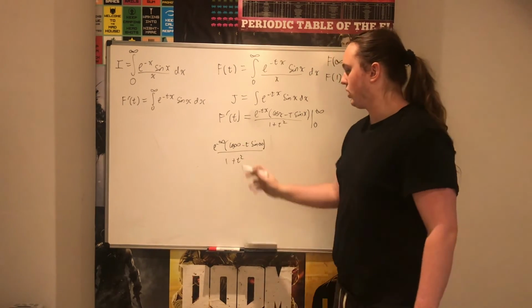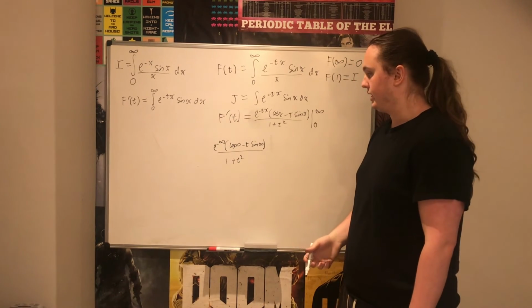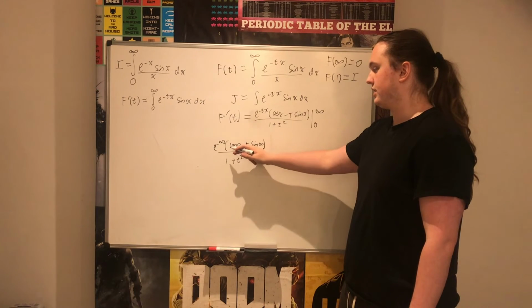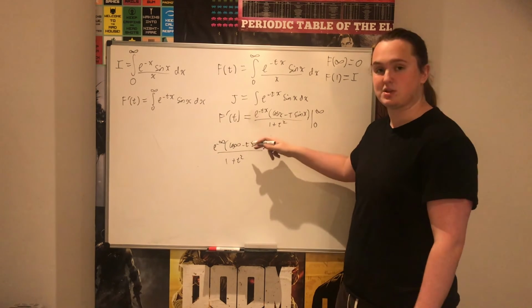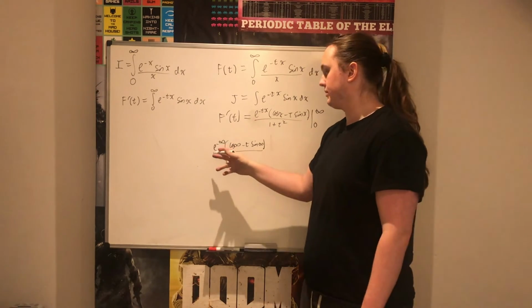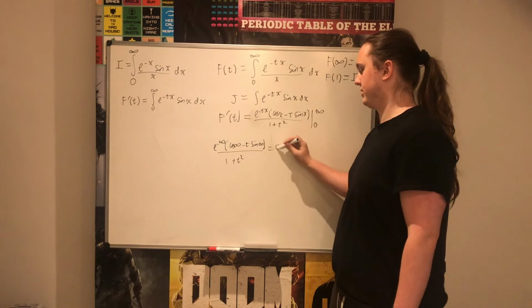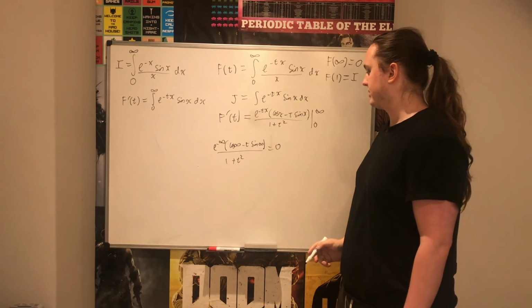Now, cos and sine are values between 1 and minus 1, which means this has to be a finite value, assuming t is a finite value. As e to the minus infinity is 0, 0 times any finite value is just 0. So in total that will be 0.